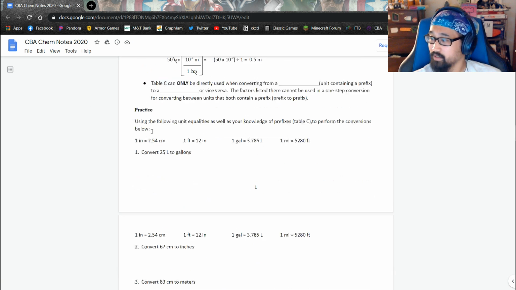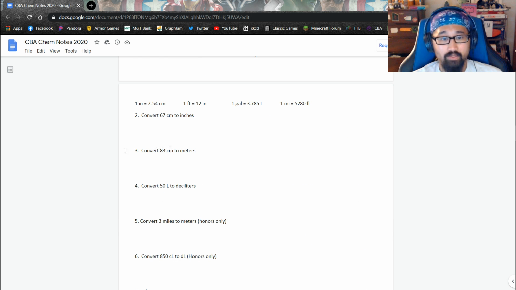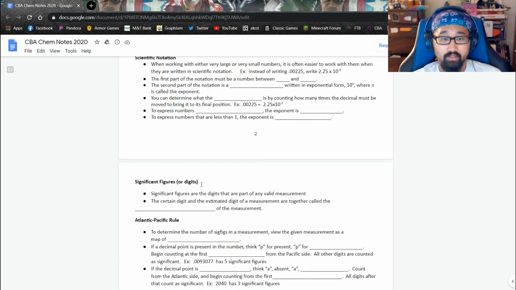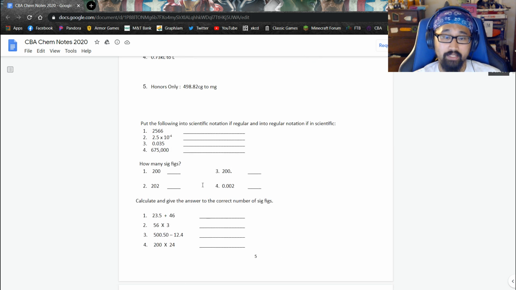Cool. So in the blank notes, I would like y'all to try to do number 3 here and number 4. These are the conversions of metric units to metric units. These are using table C. In addition, I'd also like y'all to look all the way down on page 5.